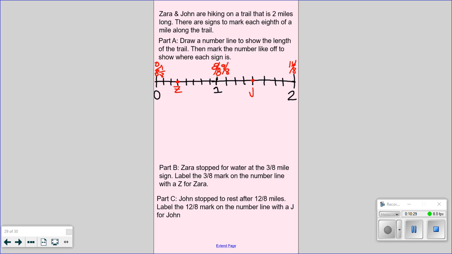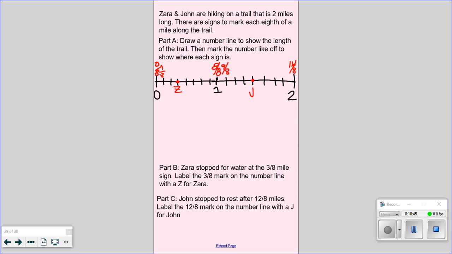So what this student is saying is John is pretty close to what would be the middle of 1 to 2 miles. Zara is close to the middle of what would be between 0 and 1 mile. What else do you notice right now?